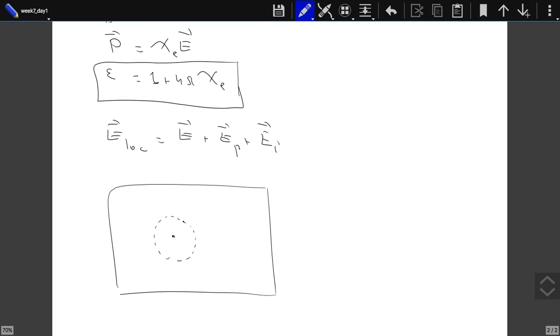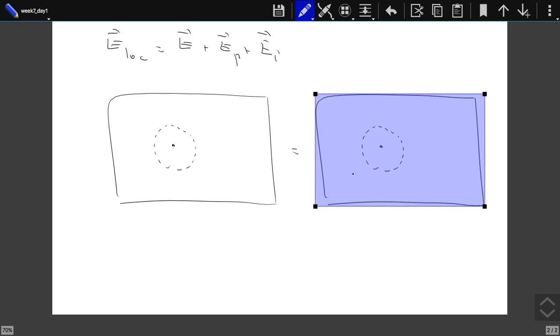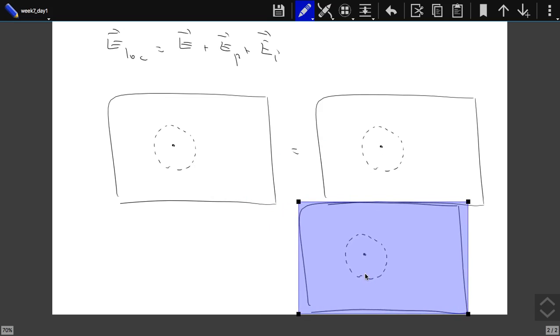Now, what this means is that we have this material. We are considering the local electric field at the position of this atom. We separate the system into two. Again, if you remember, when we were talking about the averages, we did a similar thing, because for molecules that are far away we have a different treatment, and for molecules that are close by we should have a different treatment.